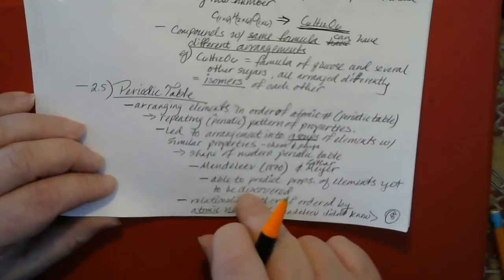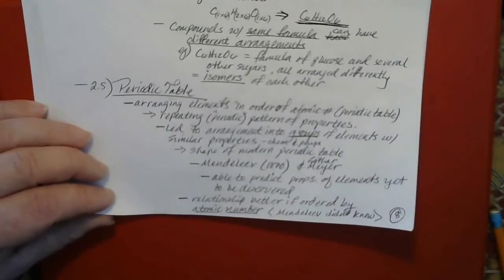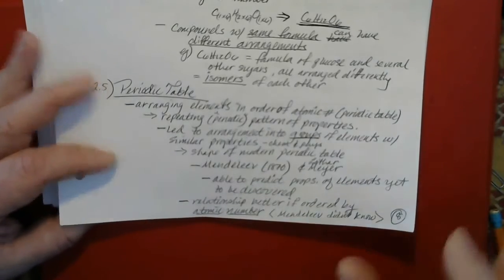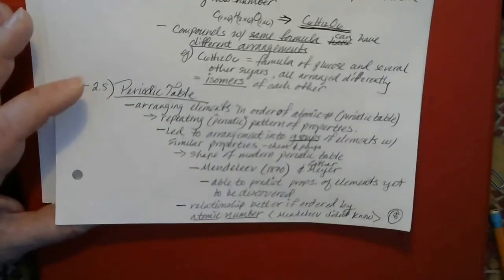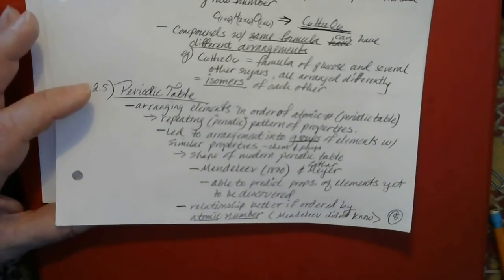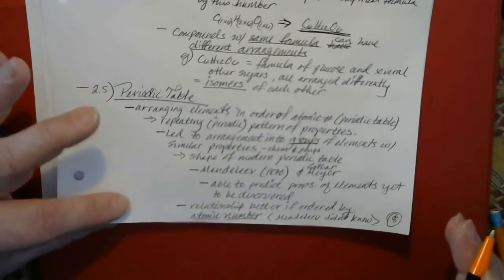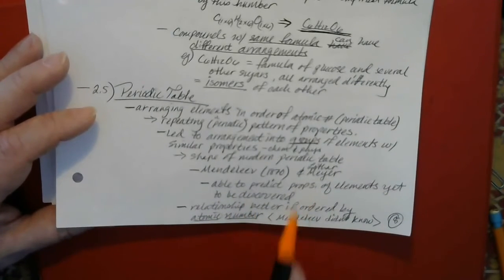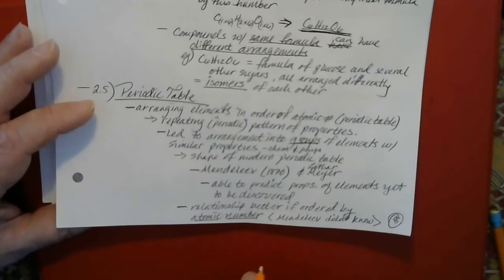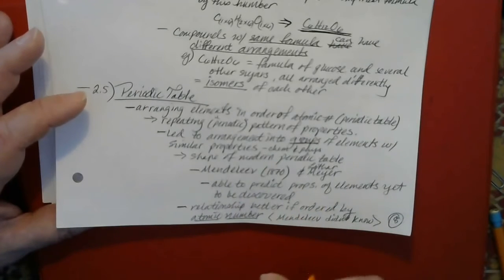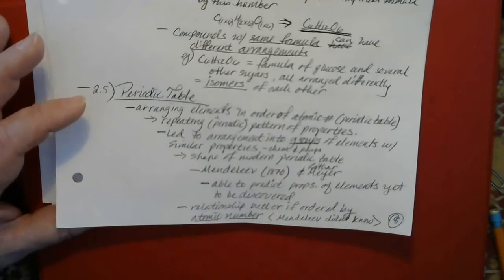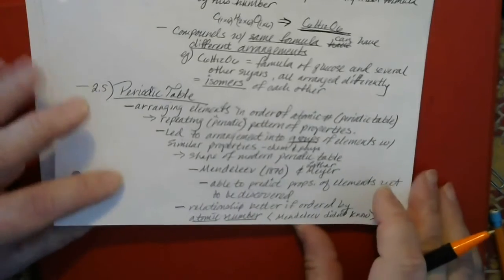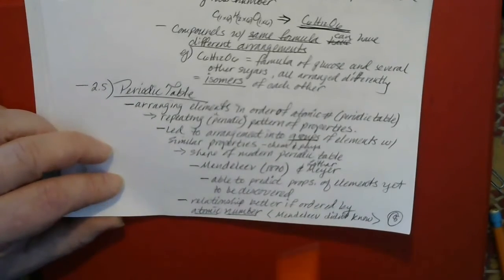And as I said at the beginning of the semester, the mark of a really good scientific theory is the ability to predict future results in experiments that haven't even been done yet. And the fact that Mendeleev's periodic table was able to predict not only the existence, but the properties of these elements that hadn't been discovered yet, that shows that he was definitely onto something.